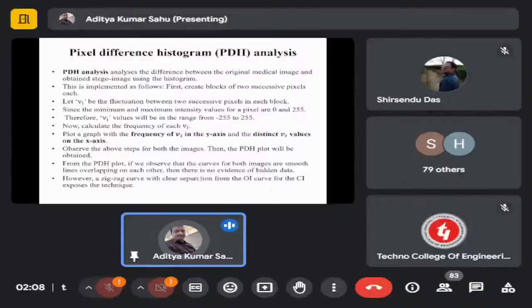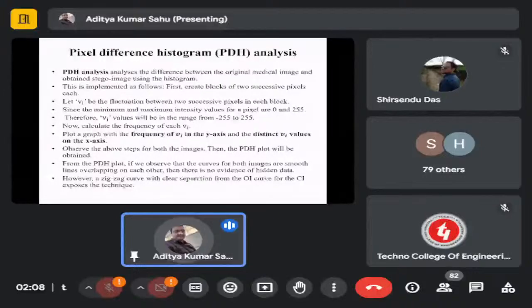So what is this PDH analysis? Here we find the difference between the original and the obtained stego image using the histogram.